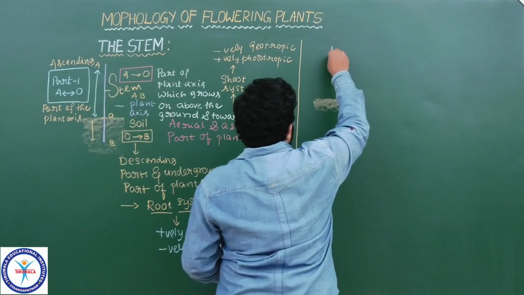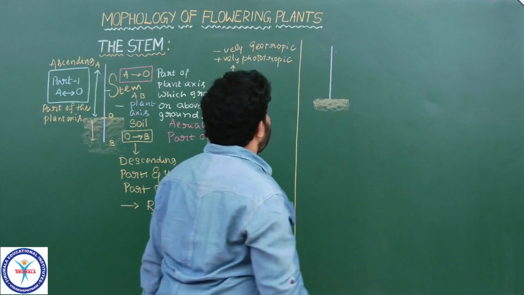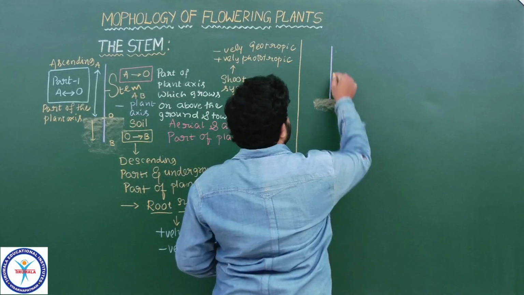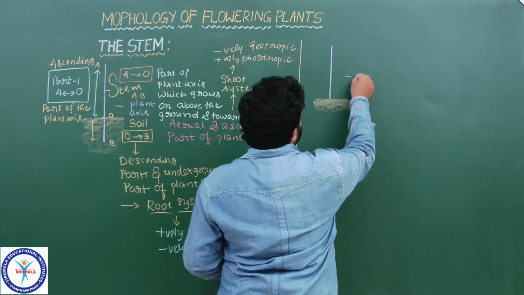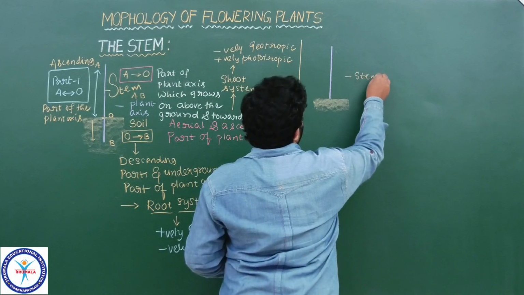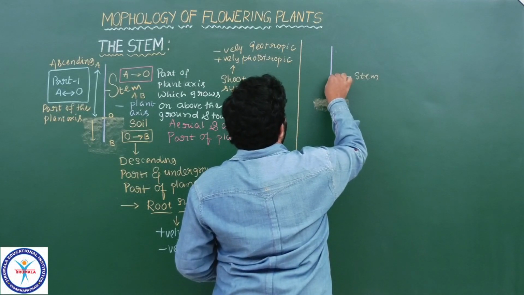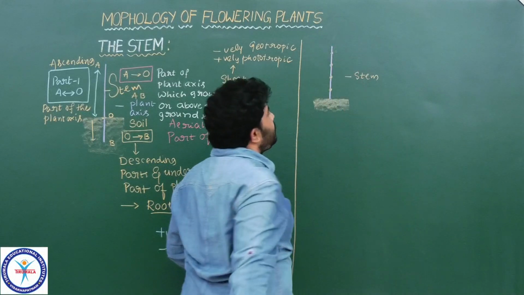This is the ascending part like stem. We already discussed this. This is the ascending part of the plant axis which we are calling stem. It is differentiated into nodes and internodes. See here, all these are the points I am drawing. You please try to understand.